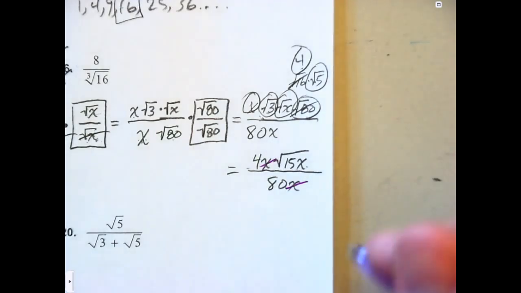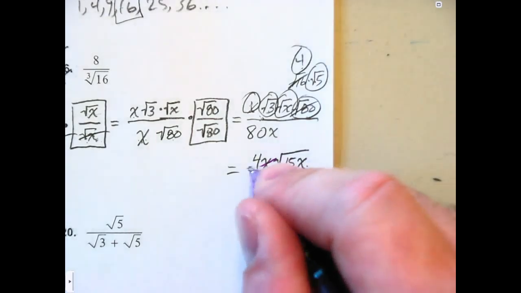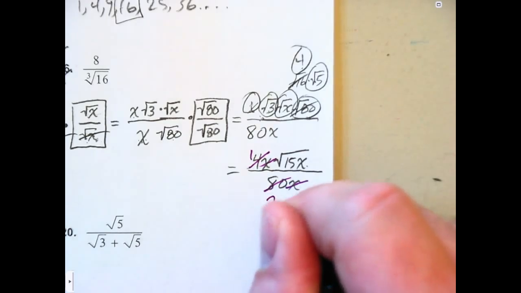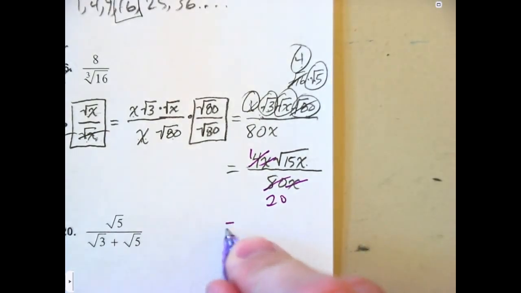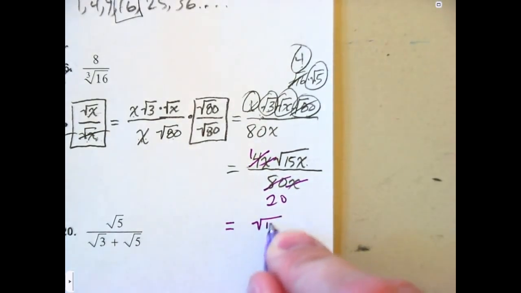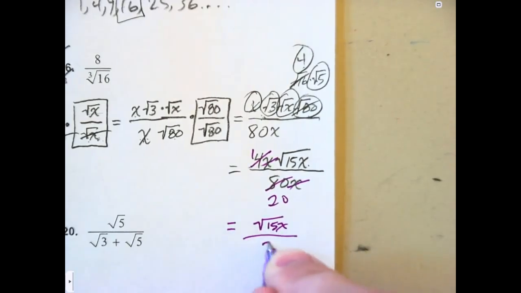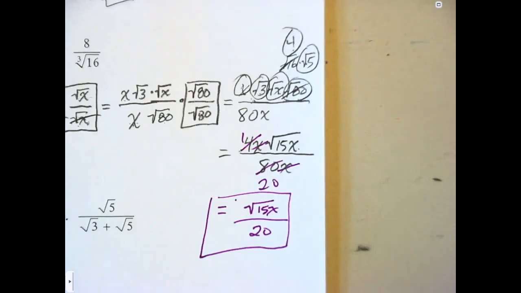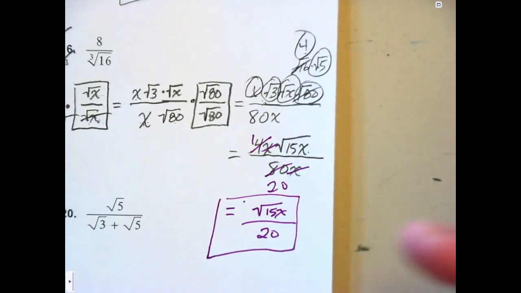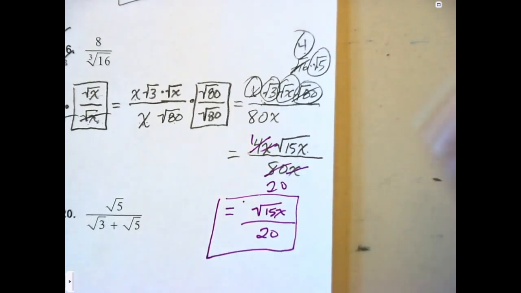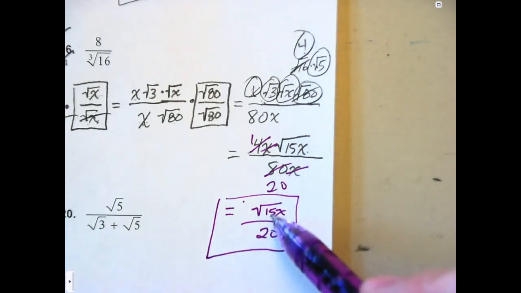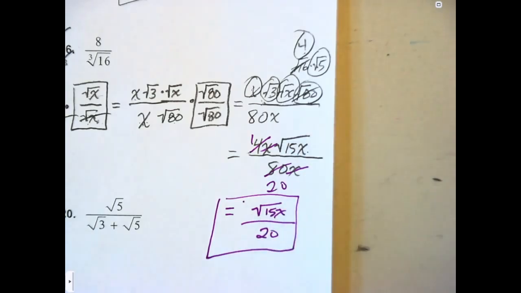What's that become? 1 over 20. So the actual answer is root 15x over 20. Can we cancel the 15 and the 20? Take a 5 out. No. One's inside, one's outside. They can't play together.